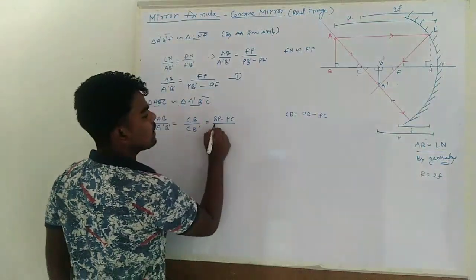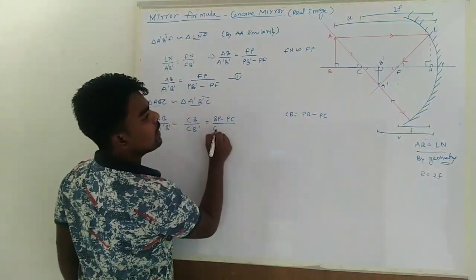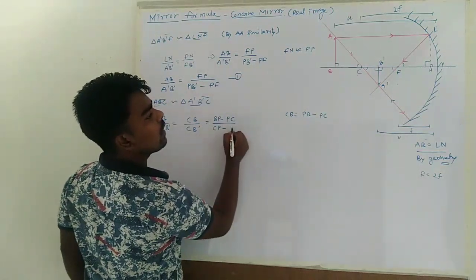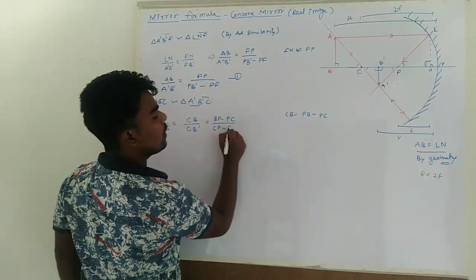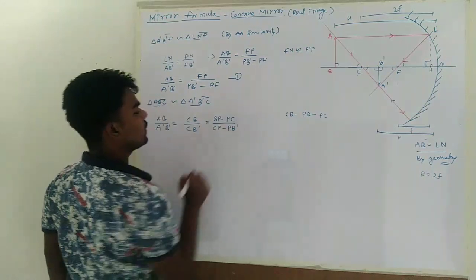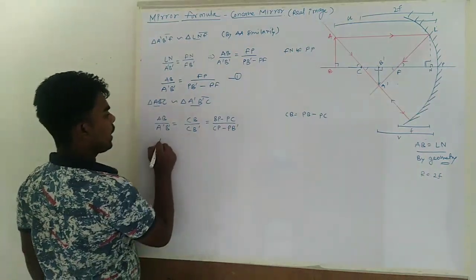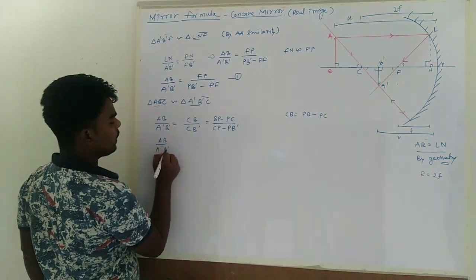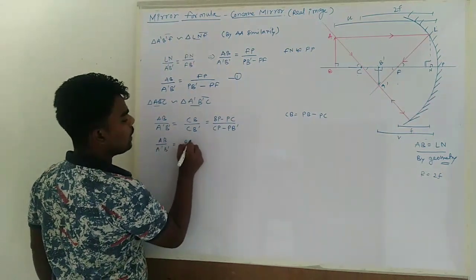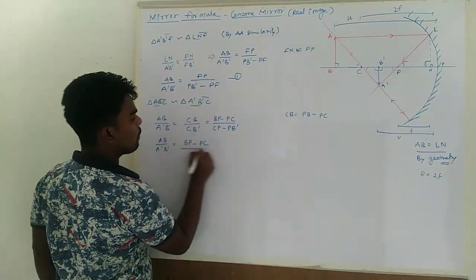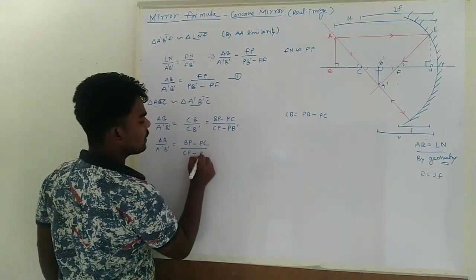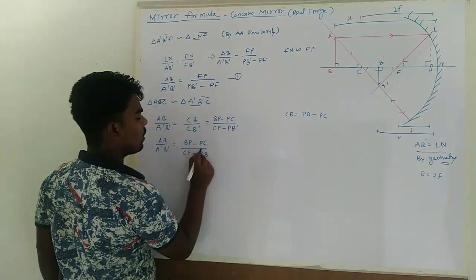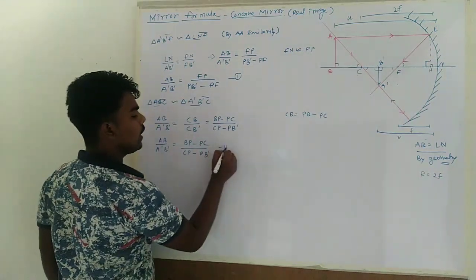So CB dash is written as CP minus PB dash. So the second equation: AB upon A dash B dash is equal to BP minus PC upon CP minus PB dash. This is the second equation.